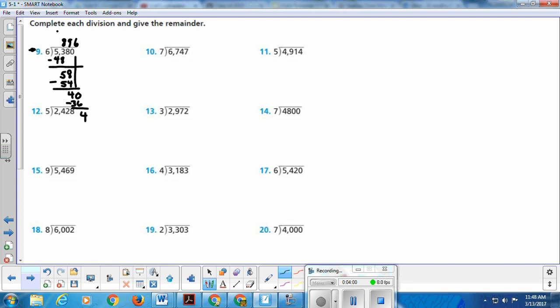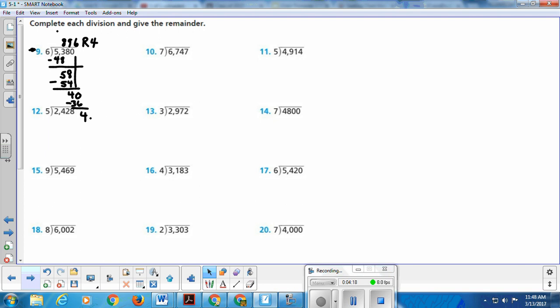Subtract. Okay, my remainder is less than my divisor, so I know that I'm done. I would write it remainder 4. I don't leave it hanging out here at the bottom. I need to give it props up here that I have 4 more pieces that don't go in evenly anywhere.